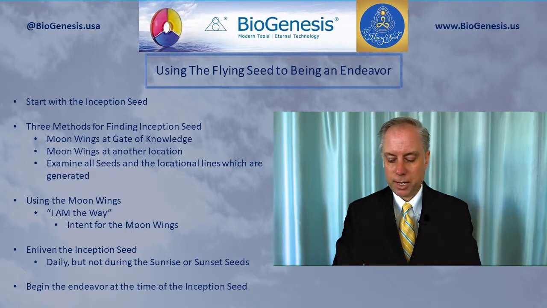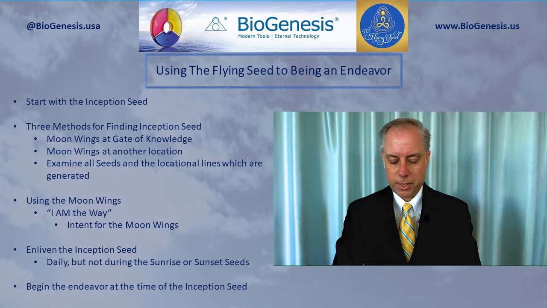This method is the selection of the I through the moon wings at the presence of a gate. In these precious gates of light, the vibrations of the source are picked up most clearly by the moon wings. This is the first method for selection of the seed of inception.